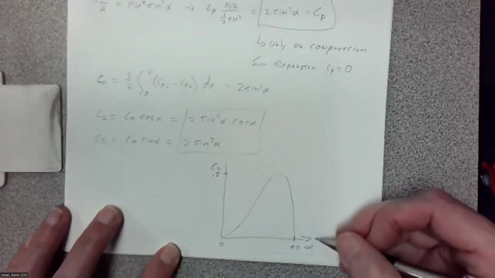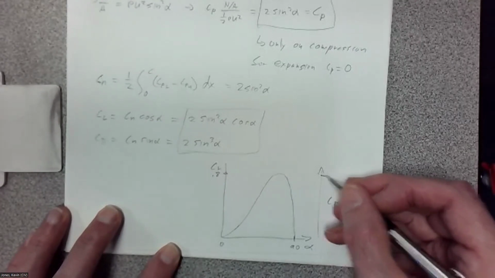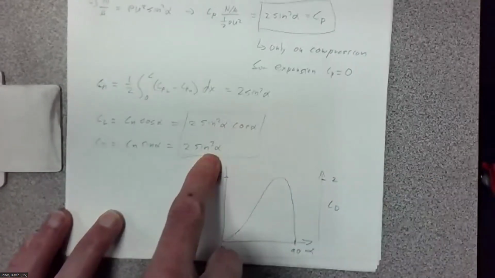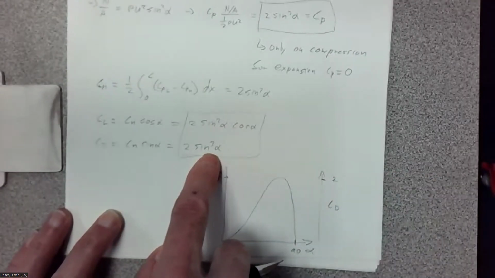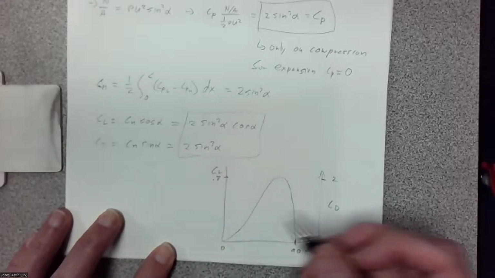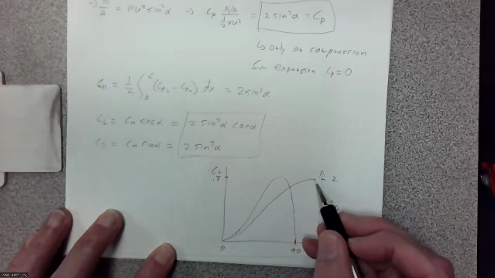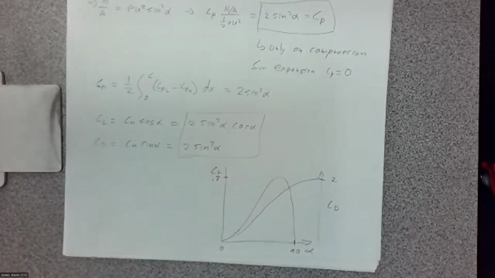And then CD, if we have a second axis over here for CD, going up to a value of 2. At alpha equals 90 degrees, that'll be 1. So it asymptotically approaches a value of 2. All right.